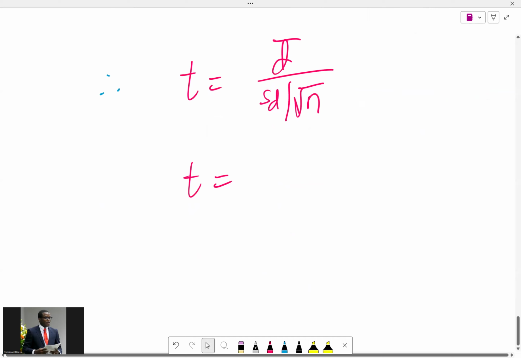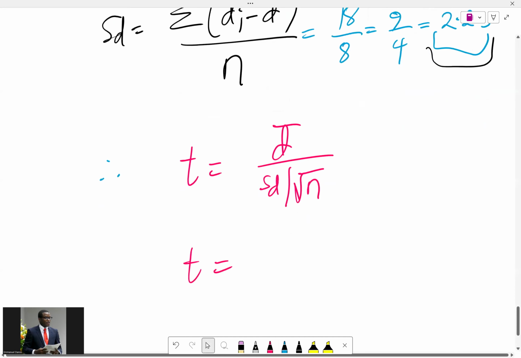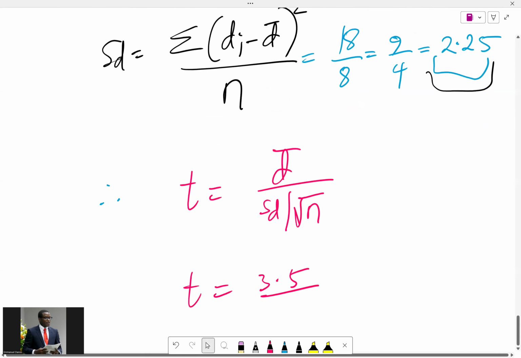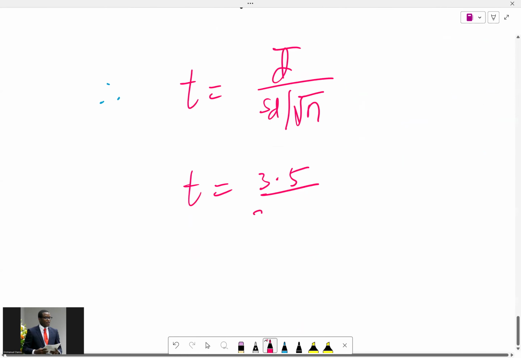So this is d bar, which is 3.5. 3.5 divided by SD, SD is 2.25, divided by square root of 8.